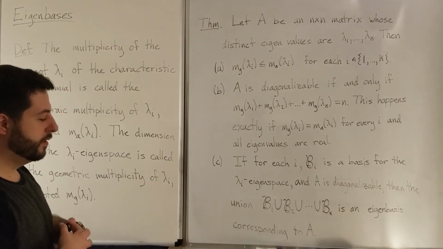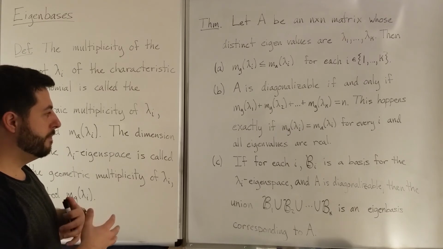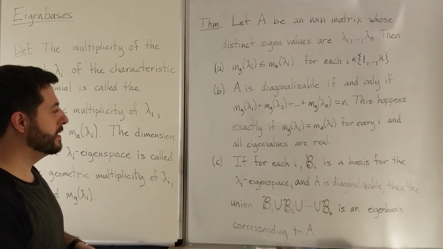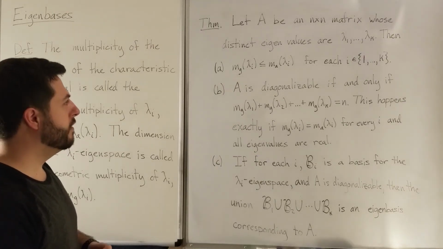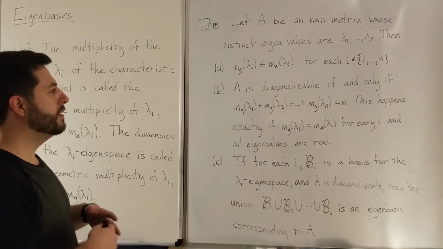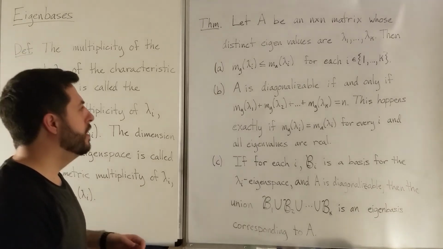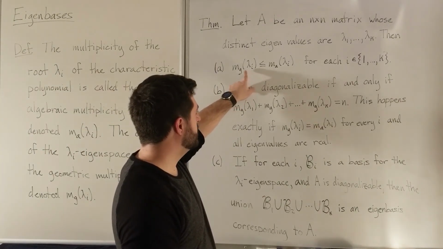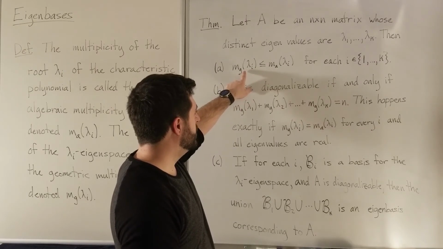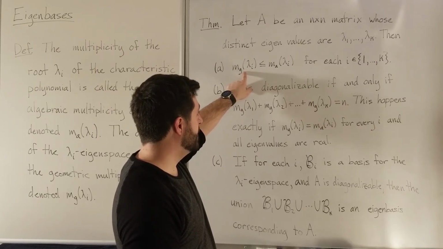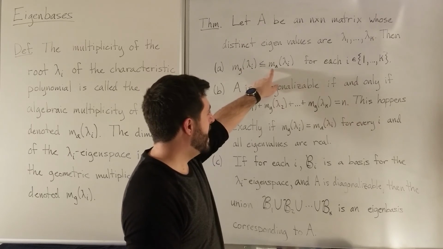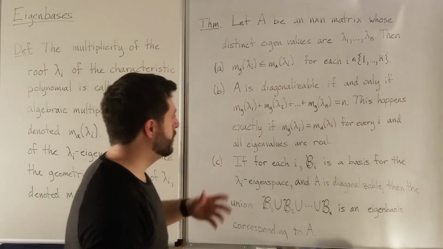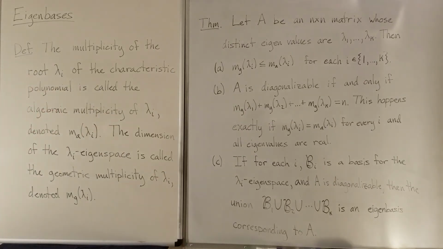You need to find bases for these lambda eigenspaces sometimes. And how do you know what the dimension is before you start? Well, one quick bound says that the geometric multiplicity, the dimension of the eigenspace, has to be less than or equal to the algebraic multiplicity, the multiplicity of the root in the characteristic polynomial.